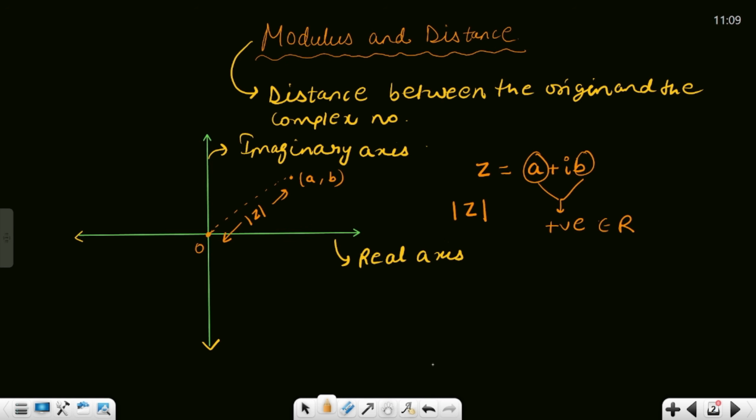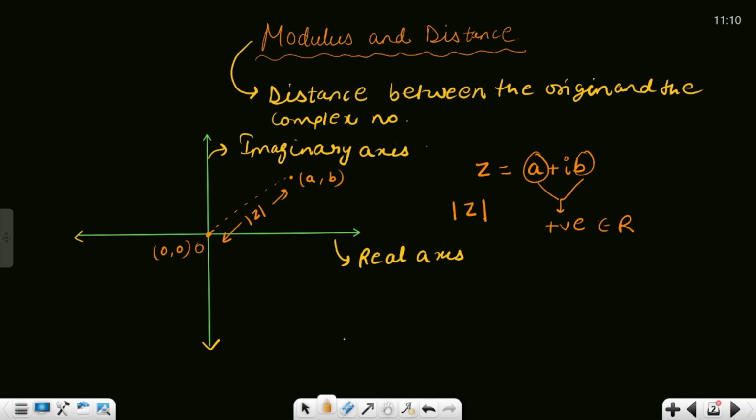Now the question arises: how will we find the distance between this origin and this plotted complex point a comma b? The origin we already know is 0 comma 0, that is 0 plus 0 iota. So what is the distance between these two points? It can be measured in a very easy manner.